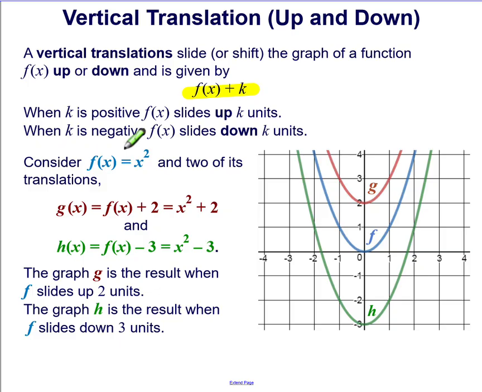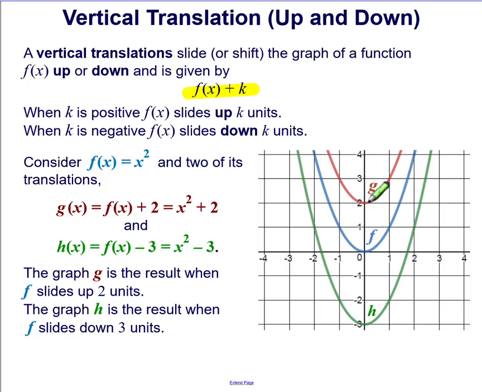Let's consider f of x is equal to x squared and two of its translations. Notice that this is in blue and the graph associated with this is also in blue. Now g of x is going to be a translation, which is f of x plus 2 or x squared plus 2. And notice that g of x is moved or translated up 2 units, 1, 2.